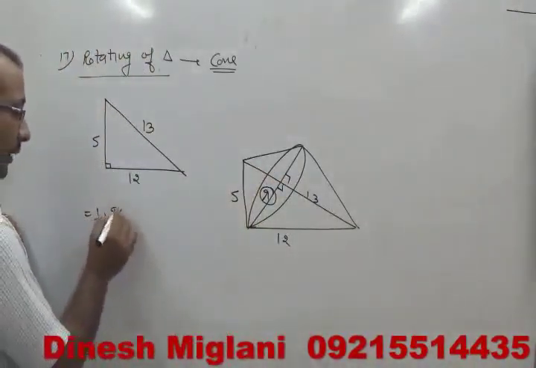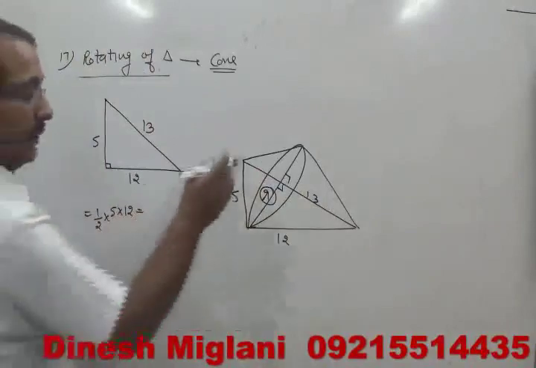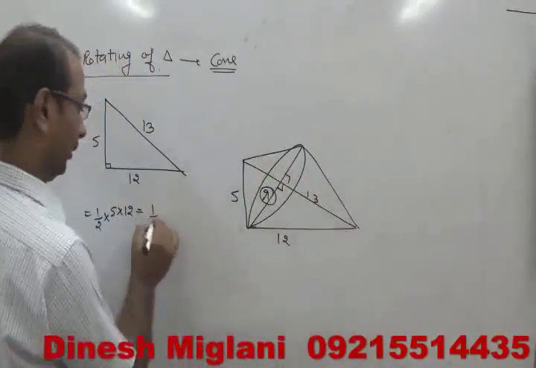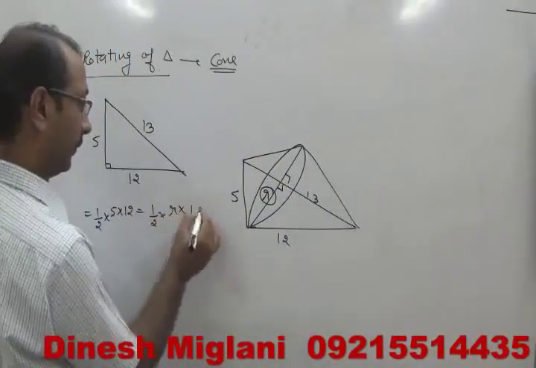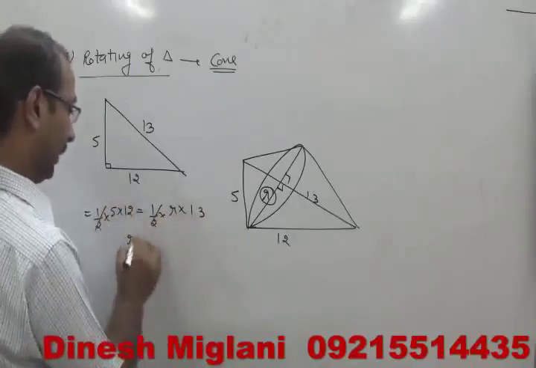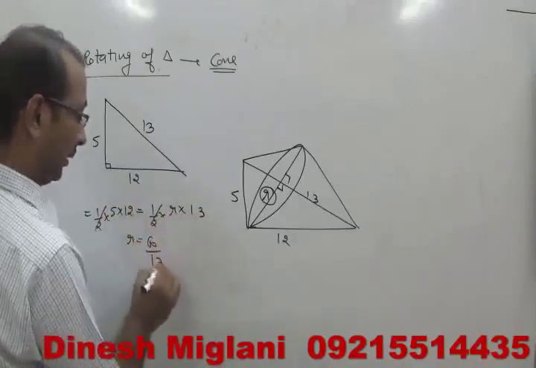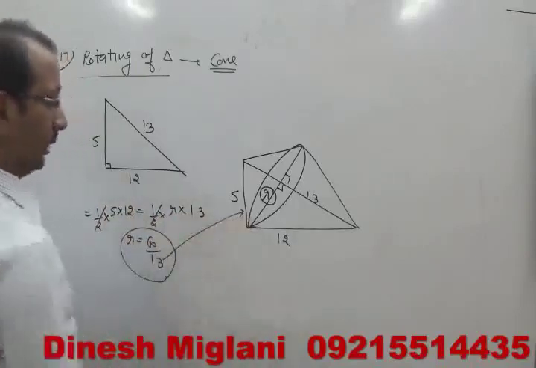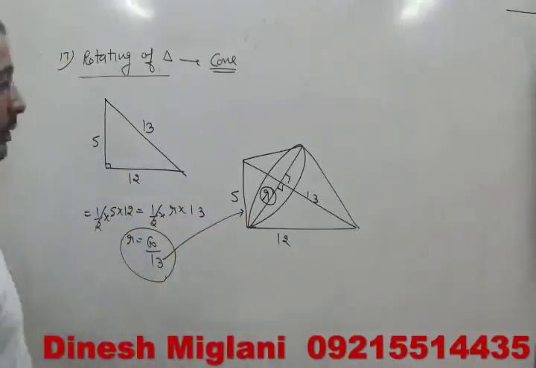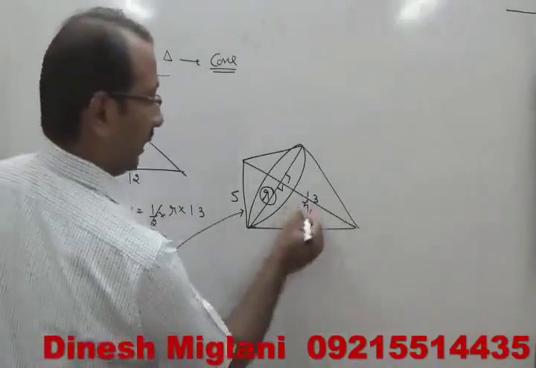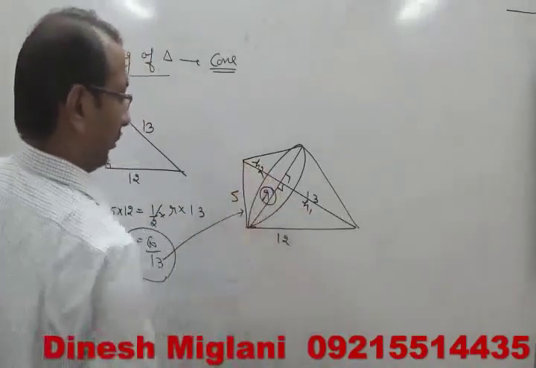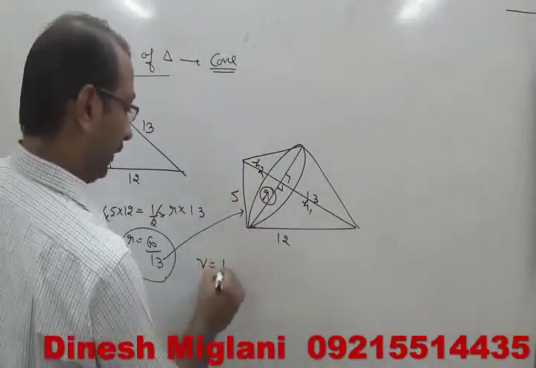Earlier I told you half into 5 into 12. And if I take this as the base and this as the height, we can say 1 by 2 into R into 13. We can say R is equal to 60 upon 13. So the radius of the cones is 60 upon 13. Let us say this height is H1 and this height is H2. My total volume is said to be 1 by 3 pi.